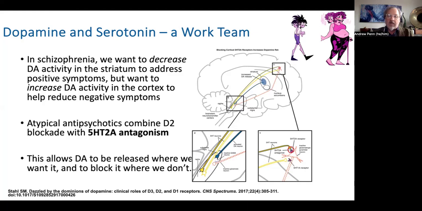One of the ways that we can do that is by blocking serotonin 2A receptors. By blocking serotonin 2A, we get this disinhibition of release in the mesocortical tract. So this essentially allows us to get dopamine where we want it and prevent it from being overactive in areas that we don't, in the mesolimbic tract.